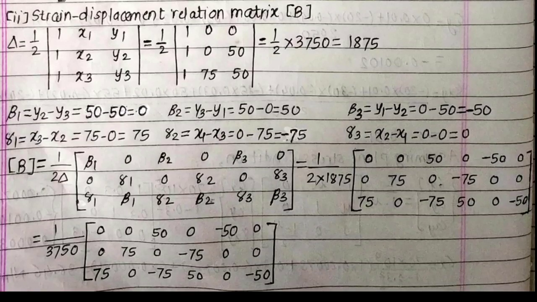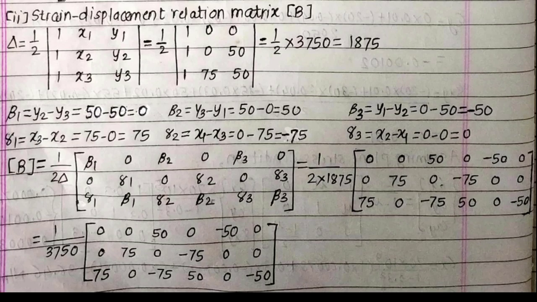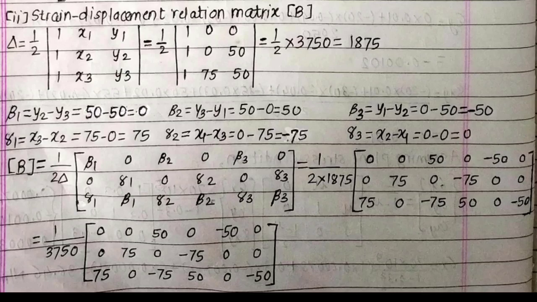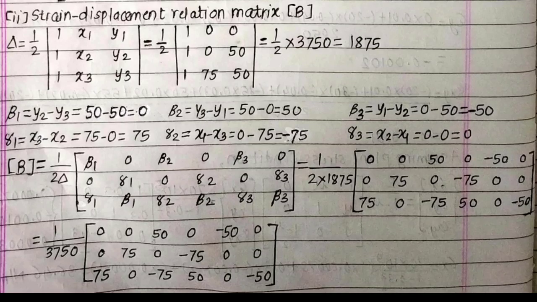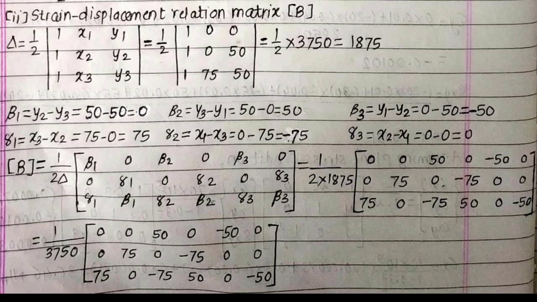Now matrix B is equal to 1 by 2 delta into a matrix: beta 1 0 beta 2 0 beta 3 0; 0 gamma 1 0 gamma 2 0 gamma 3; gamma 1 beta 1 gamma 2 beta 2 gamma 3 beta 3. So it is equal to 1 by 2 into delta, that is the area 1875, into a matrix: 0 0 50 0 minus 50 0; 0 75 0 minus 75 0 0; 75 0 minus 75 0 0 minus 50.